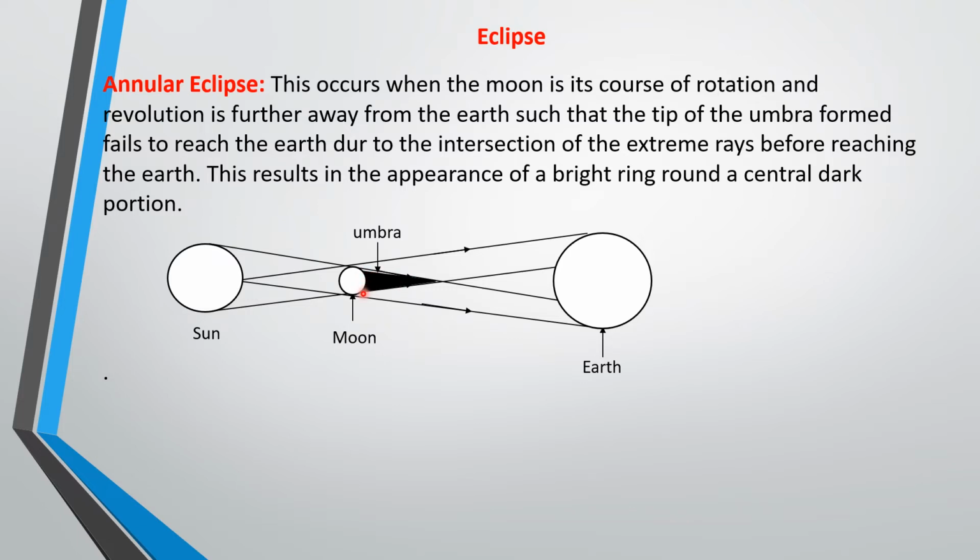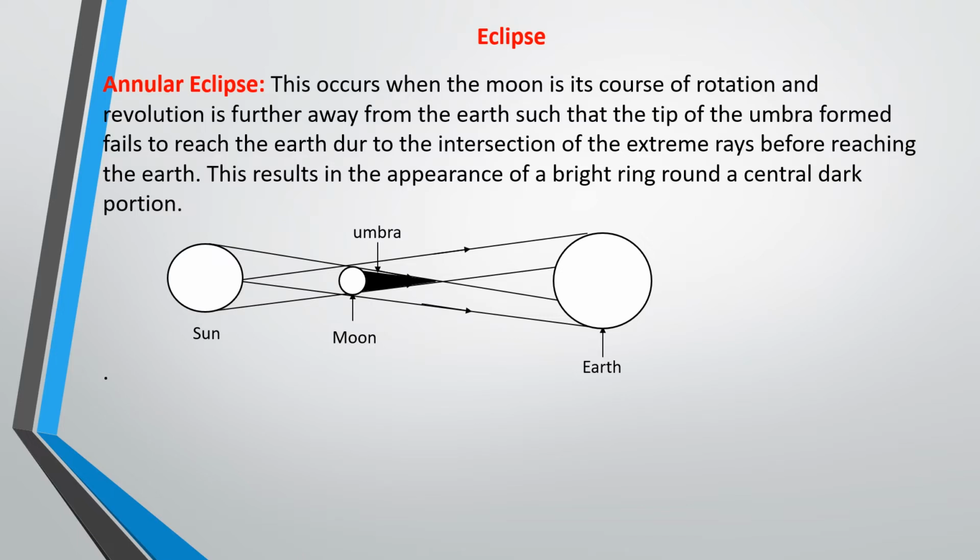This occurs when the moon, in its course of rotation and revolution, is further away from the earth, such that the tip of the umbra fails to reach the earth due to the intersection of the extreme rays before reaching the earth. This results in the appearance of a bright ring around a central dark portion.